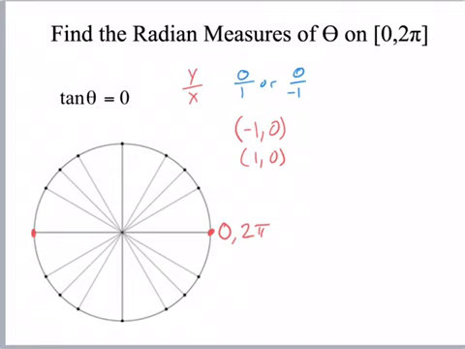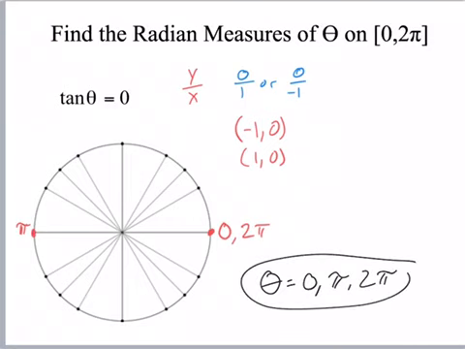And this dot over here is pi. So these are the spots where tangent is 0. Are all three of these in the interval? Yeah. So I have 3 answers here. Theta can be 0, pi, or 2 pi. All 3 in this interval create a tangent of 0.